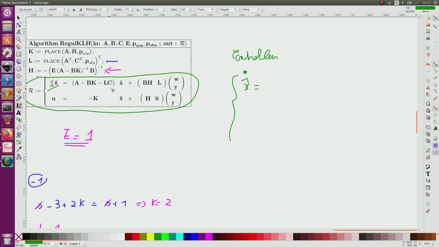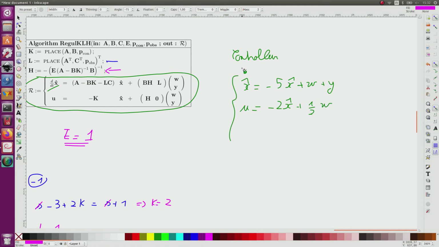So I know the values for all of them, and I obtain minus 5 x hat plus BHw, so here plus w, plus Ly, L equal to 1, so plus y, and u equal minus K x hat, so K equal to 2, so it's minus 2 x hat, plus Hw, so it will be half of w.